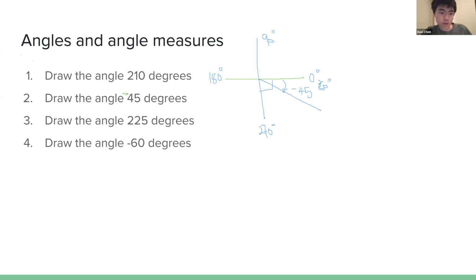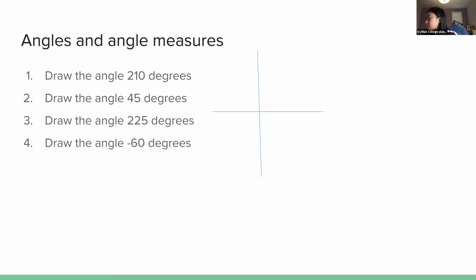Sure. So for the third one, draw the angle for 225 degrees. We have to first locate which quadrant it is. It's in the third quadrant, and we know here is 180. The third quadrant is between 180 and 270.